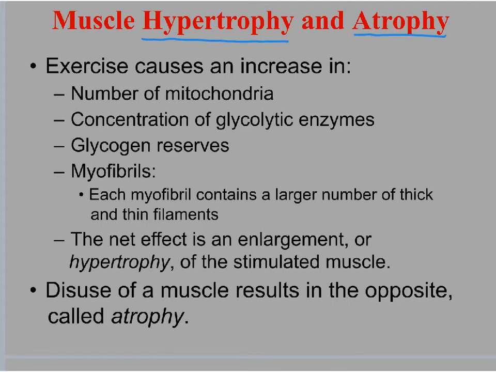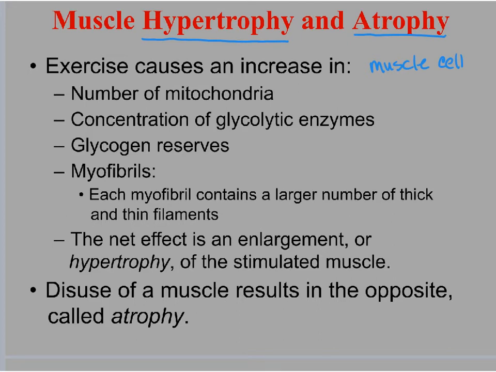If we look just at the cellular level, inside of a muscle cell, there are components that are going to increase when you start placing increased demand on a muscle. Exercise, as an example. If you're continually asking a muscle to contract, the muscle is going to go, you know what?